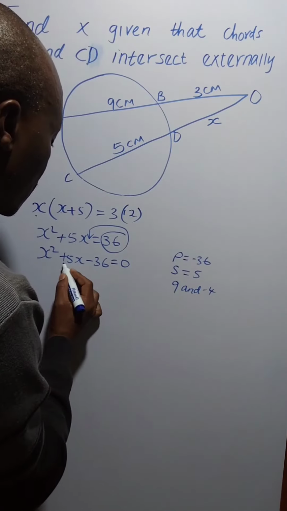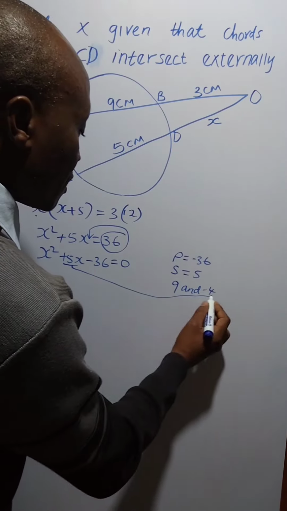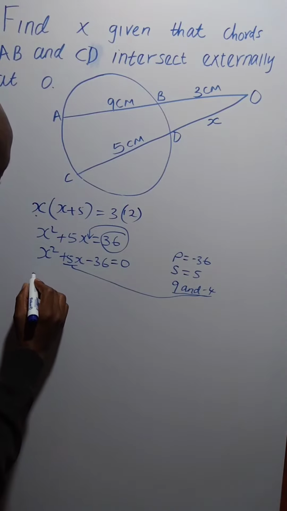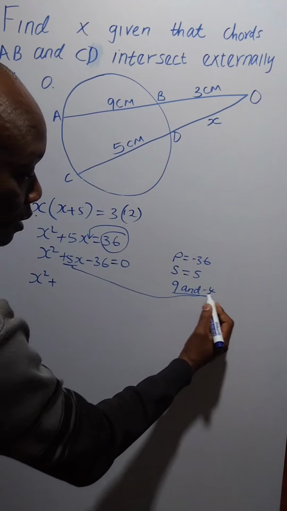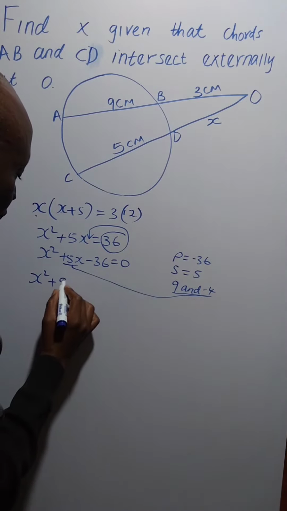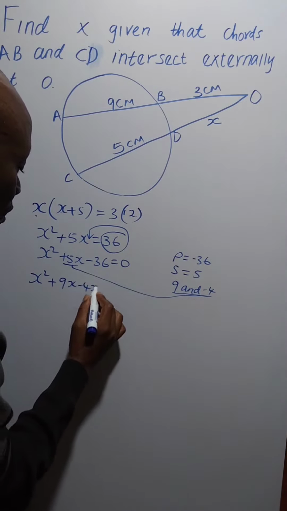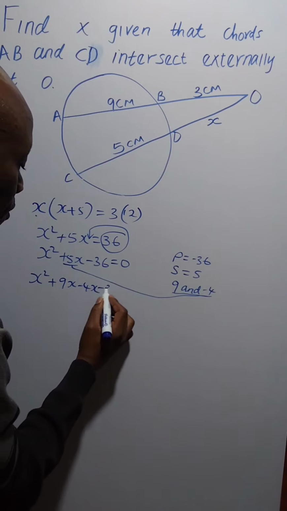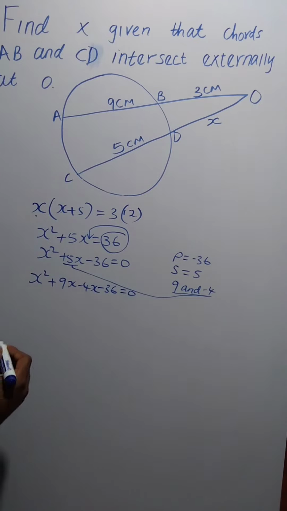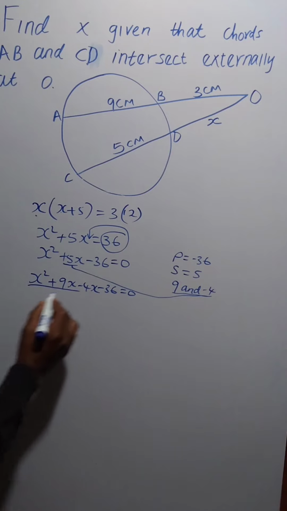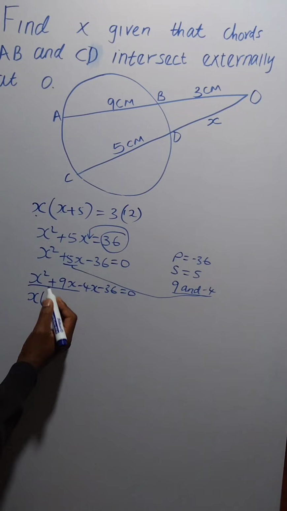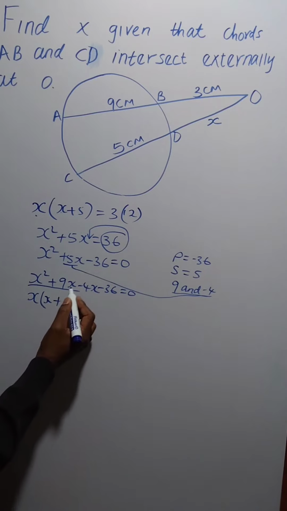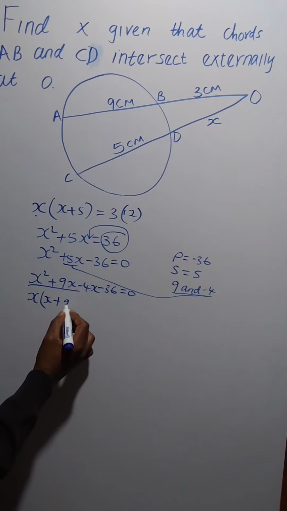So we shall write this using these two numbers here. We shall have x squared plus, instead of this we shall write it in an expanded form as 9x minus 4x then minus 36 is equal to 0. Factorize this, we shall have x being common, so we have x into x squared divided by x gives us x plus 9x divided by x gives us 9.